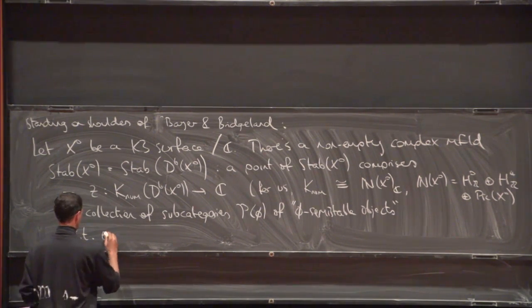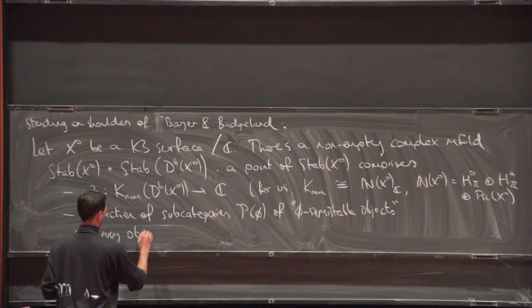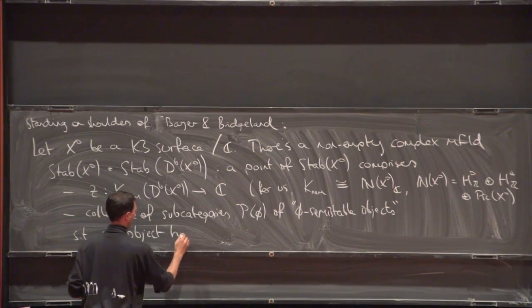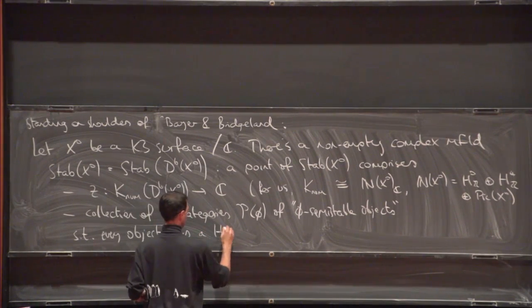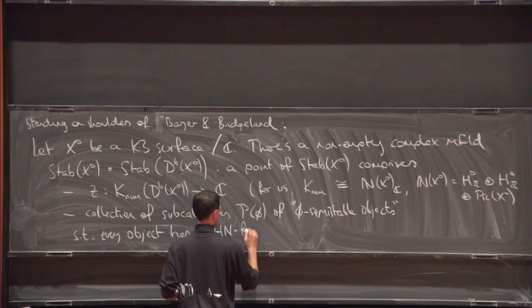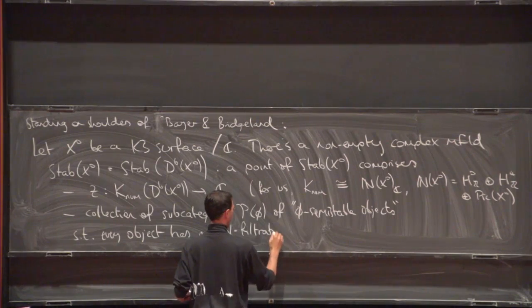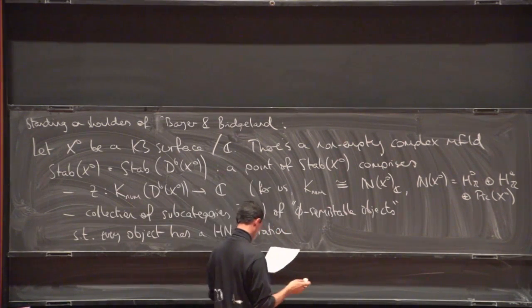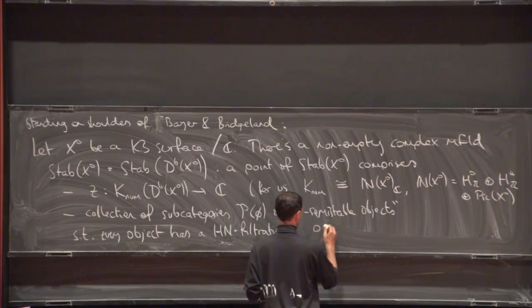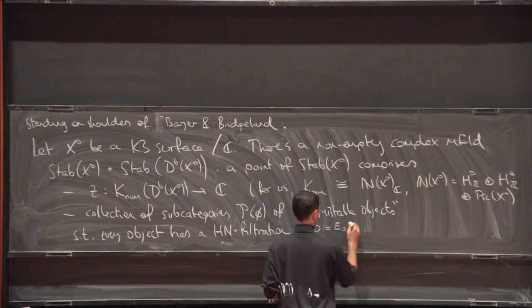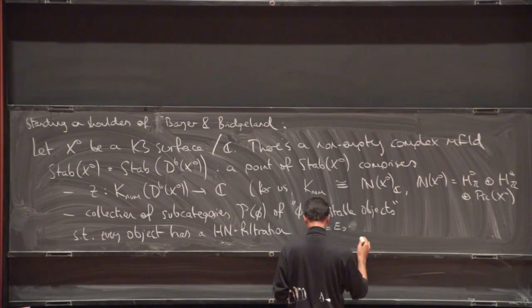So every object has a Harder-Narasimhan filtration, which looks like the following.